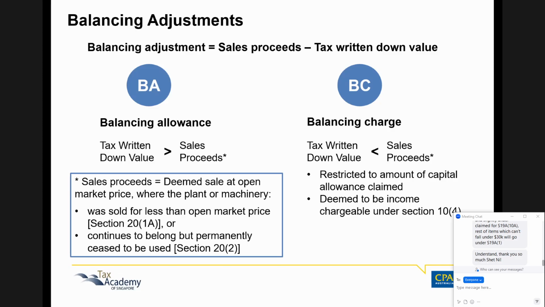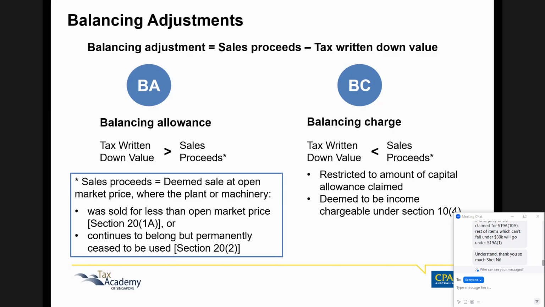But for balancing allowance, you can view it as something like capital allowance. This is just an idea for you to easily understand how it works. It will reduce your tax payable. But for balancing charge, the amount in excess, we will tax it, deeming it as an income chargeable under section 10(4).